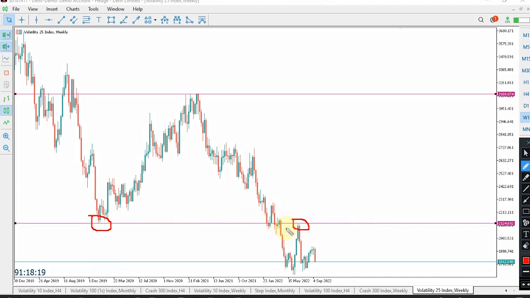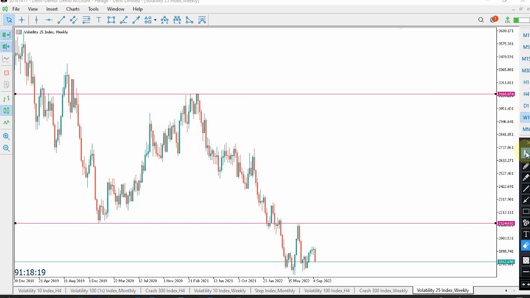Then another thing, look at this momentum candlestick that breaks this support and resistance level. So we go again. If you look at this place, look at this, three of them here, they're all resistances. So we are good.